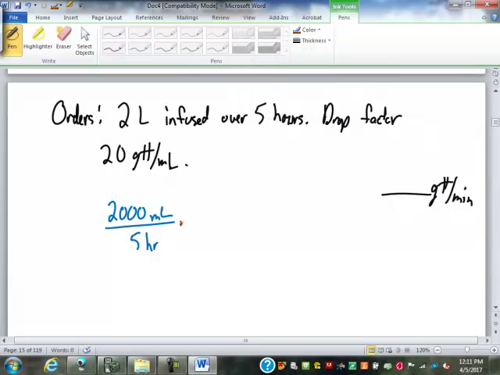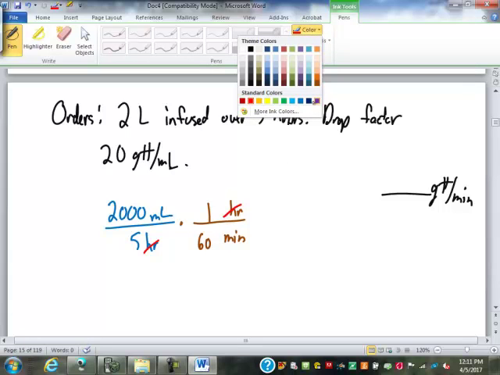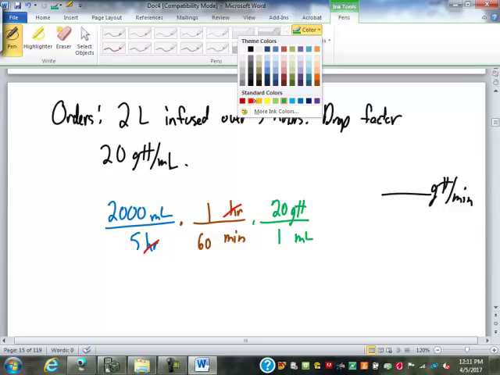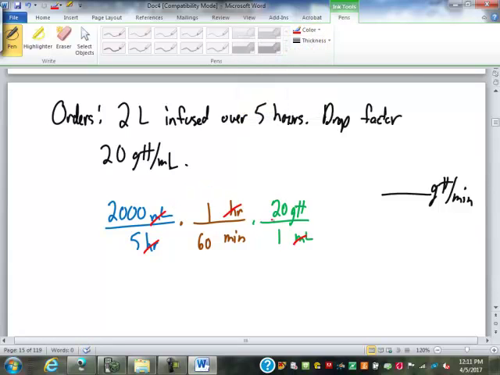And I'm going to do this all as one big piece instead of breaking up. I broke that last one up because I wanted to do the milliliters per minute before I got the drops per minute. Here I'm going to break up the hours first. 1 hour is 60 minutes. The hours are gone. And then I am going to get rid of the milliliters. We have the drop factor of 20 drops per 1 milliliter. So our milliliters are gone. So now we have drops on top, minutes on bottom, which is what we want.